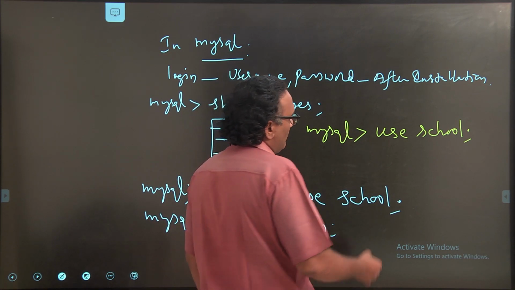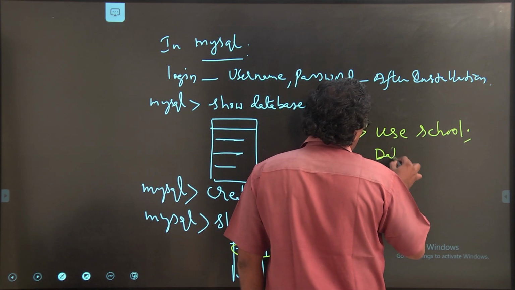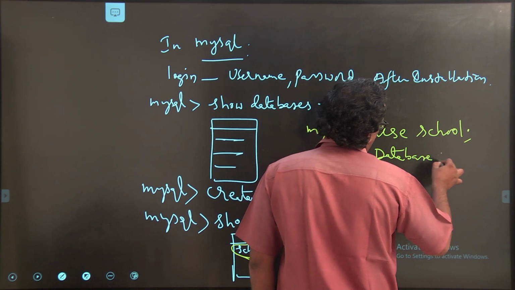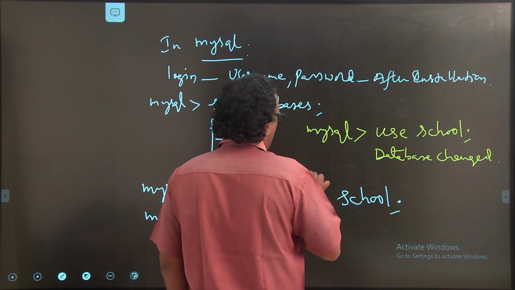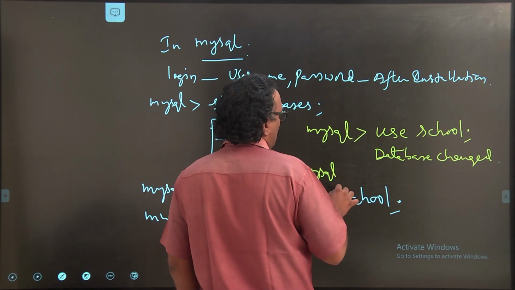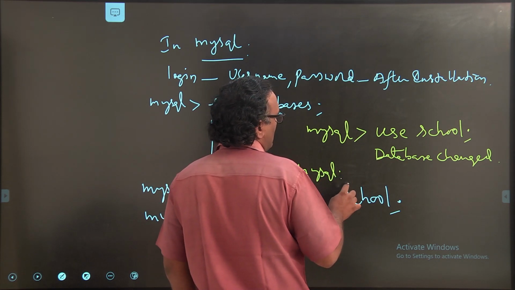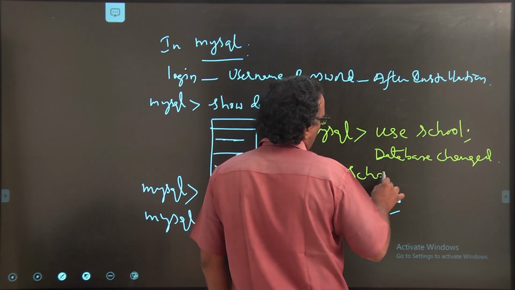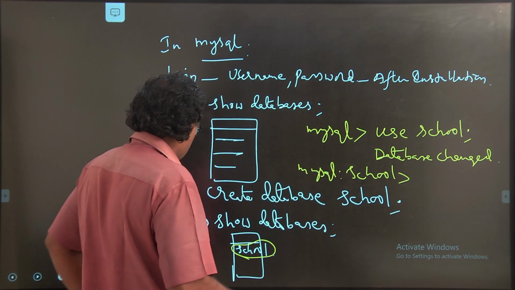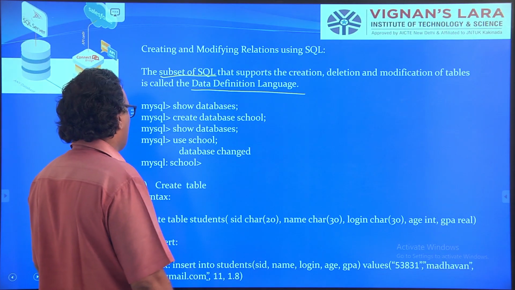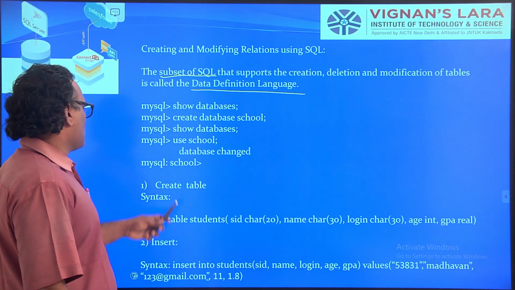Now you will get the output like database changed. Now you are in the school database. Later you can proceed and create the table whatever you want.